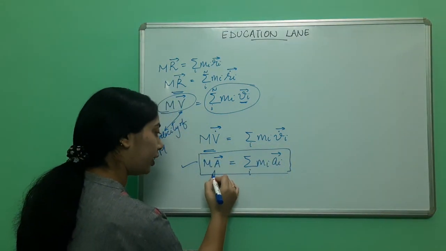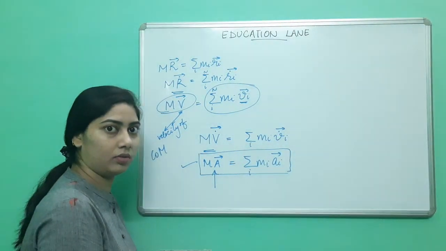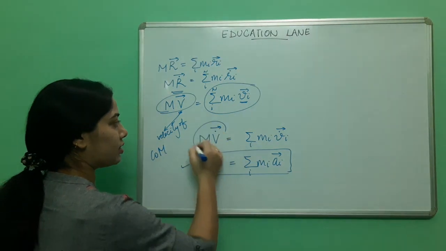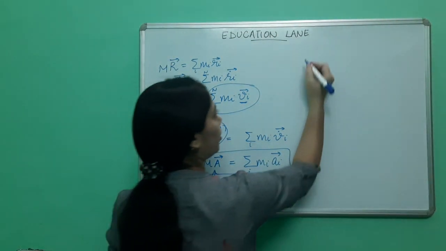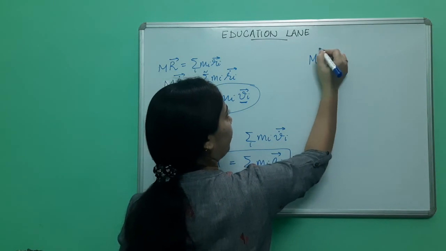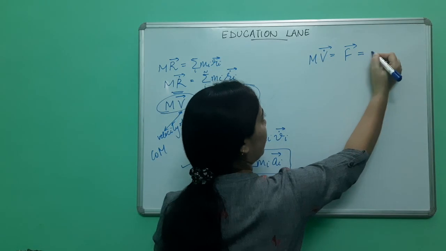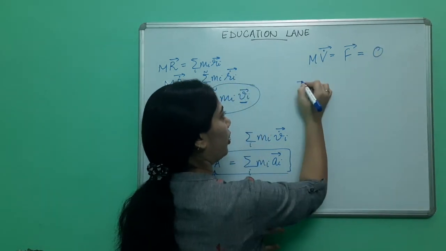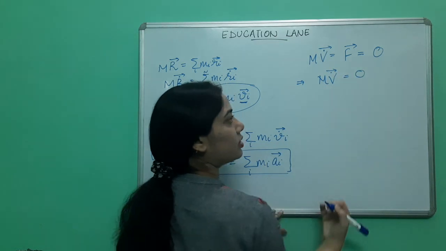Now, what if the total external force applied on the system is 0? Then this term will be equated to 0. M V dot is equal to F, the total external force, and if it is 0, then M V dot is equal to 0.